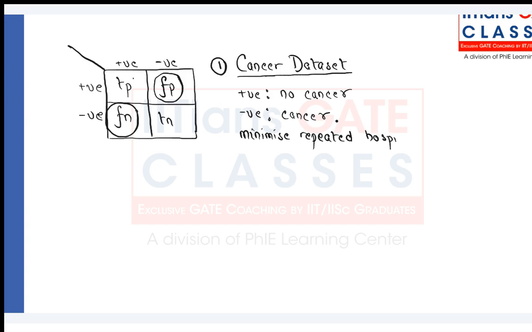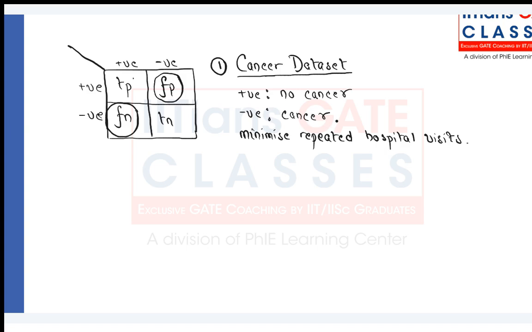the company that you work in has a hospital as a client, and the hospital has said very clearly, we rate our doctors in the way that if a person comes back again, that is considered a negative point. Once a patient comes in, I give him some medicine, some treatment, some diagnosis.